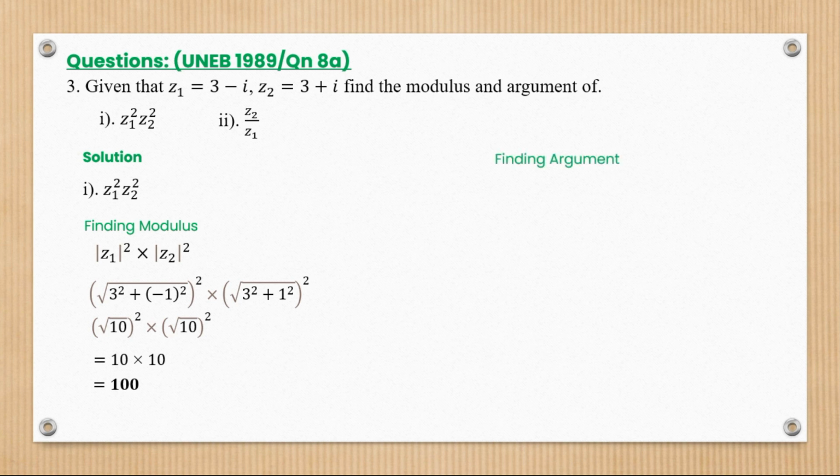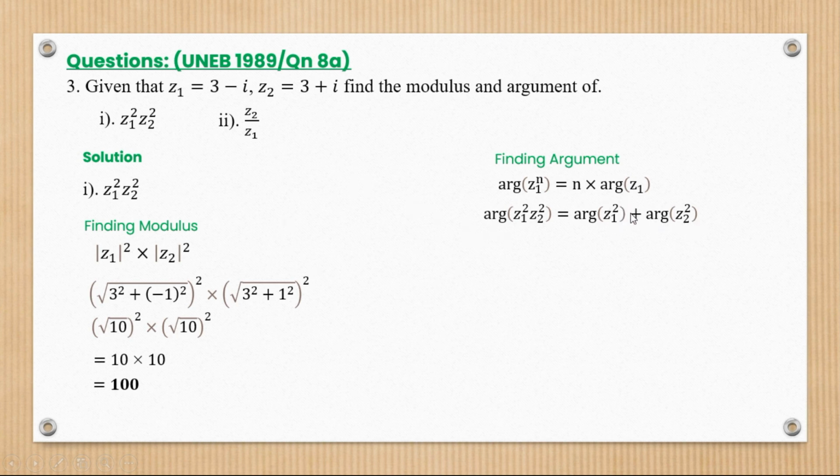Alright, so moving on to find the argument, we know that the argument of something with a power is equal to that. Now we can see that when we're dealing with an argument that has products, this can be expressed this way: the argument of z1 squared times z2 squared can be expressed as argument of z1 squared plus argument of z2 squared.